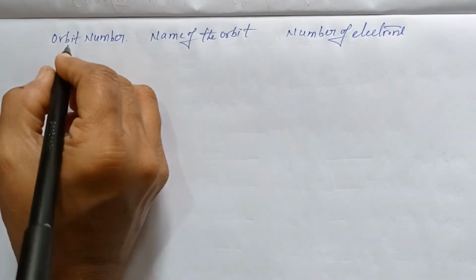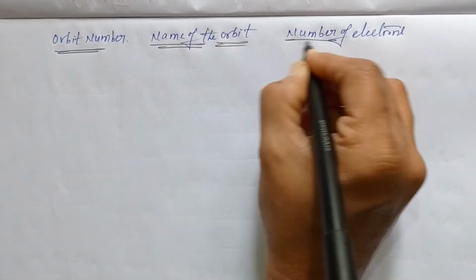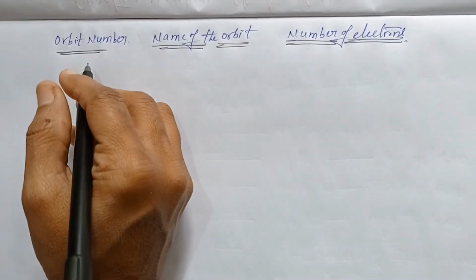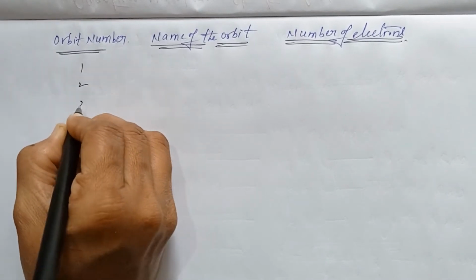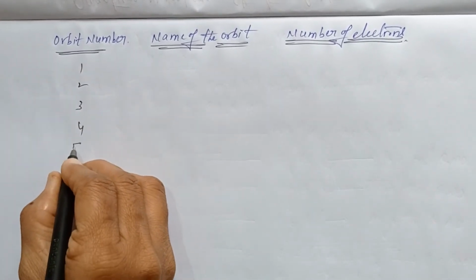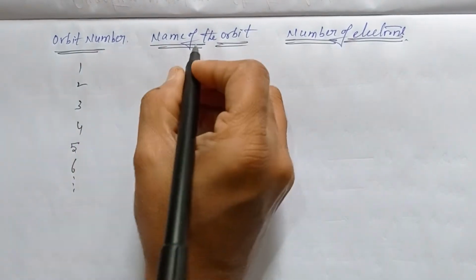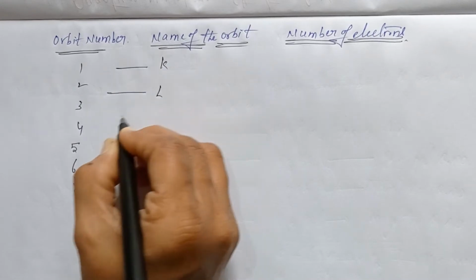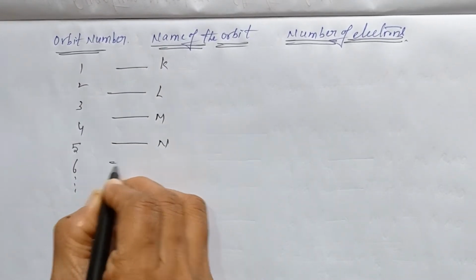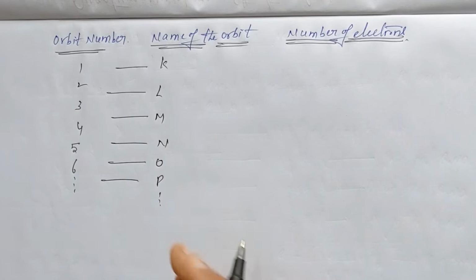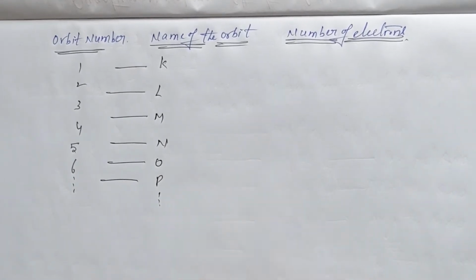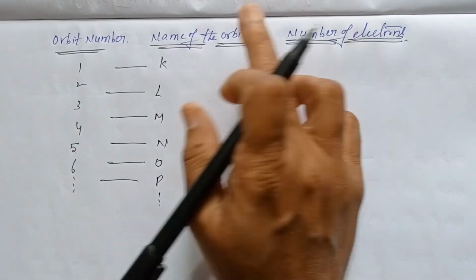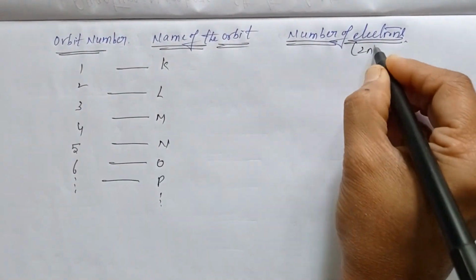Orbit numbers are shell numbers; I am taking here 1, 2, 3, 4, 5, 6 and so on. Name of the orbit: K, L, M, N, O, P and so on. Number of electrons, how many, students? What is the formula? Number of electrons present in the orbit, formula is 2n square.